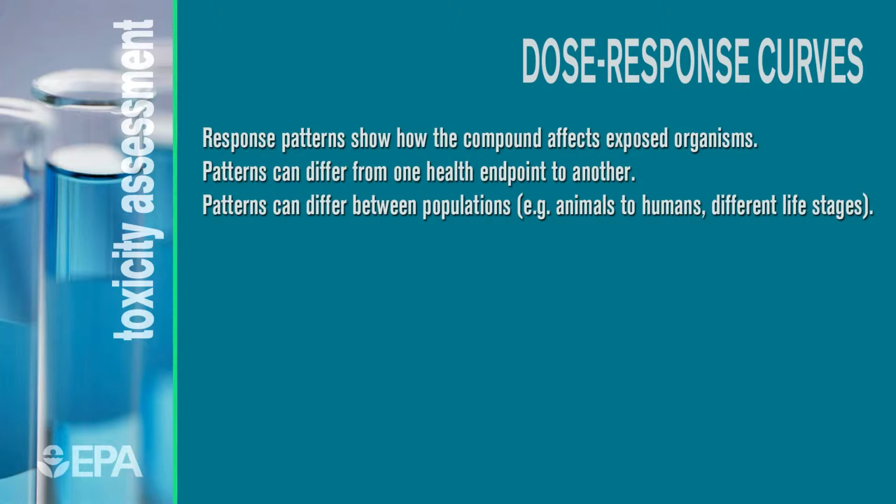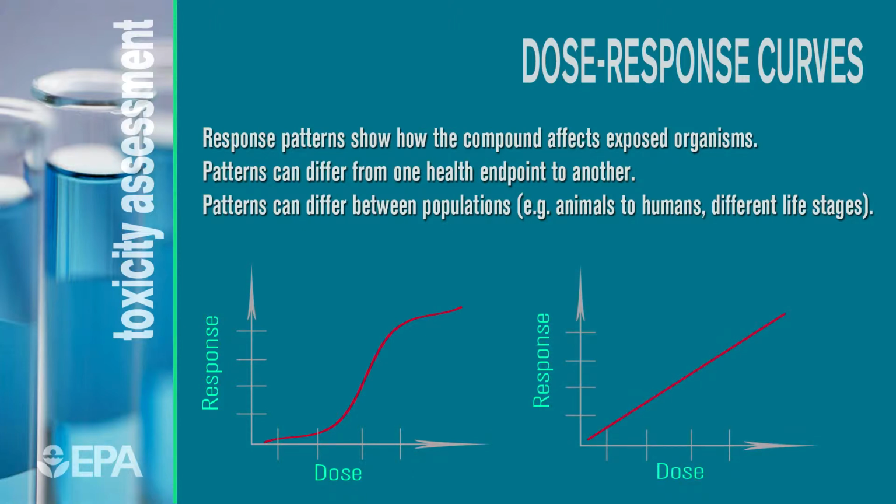For example, if you dose juvenile mice with a compound that affects the immune system, you might get a curve like the one you see here. This is called the sigmoid curve because it looks like the letter S. Adult mice, on the other hand, may respond with a more linear curve in the same dose range.